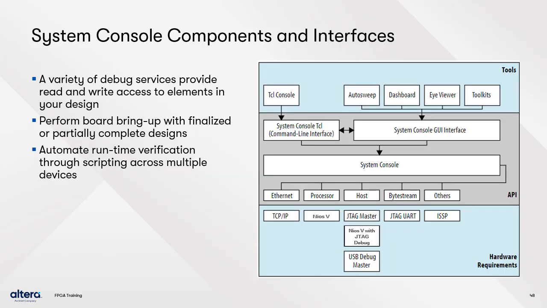System Console also provides the hardware debugging infrastructure to support operation and customization of debugging toolkits. Toolkits are small applications that you can use to perform system-level debug of such elements as external memory interfaces, Ethernet interfaces, PCI Express interfaces, transceiver PHY interfaces, and various other debugging functions.